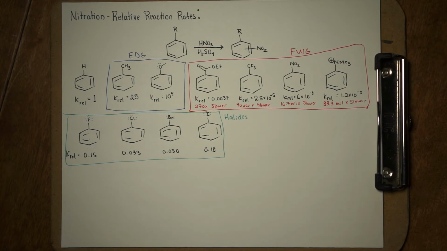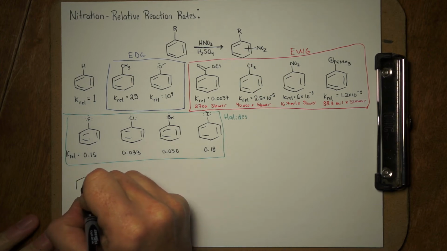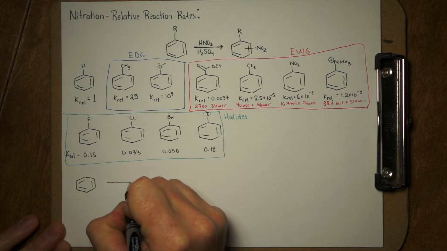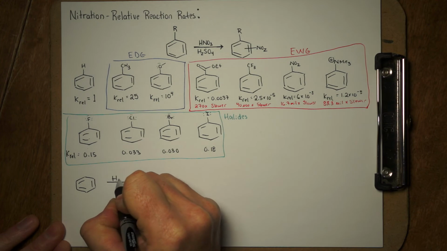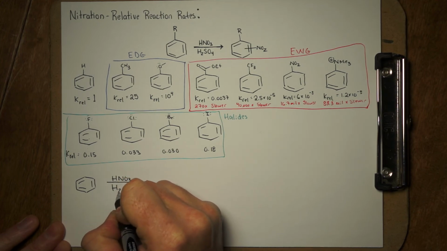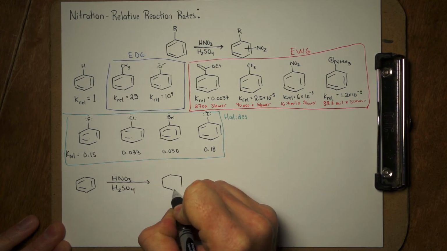Okay, the other thing that we have to think about whenever we're doing electrophilic aromatic substitution is how the substitution is going to affect the reactivity of a product. Okay, so we know if we take benzene and we treat benzene with nitric acid and sulfuric acid, we are going to make nitrobenzene.